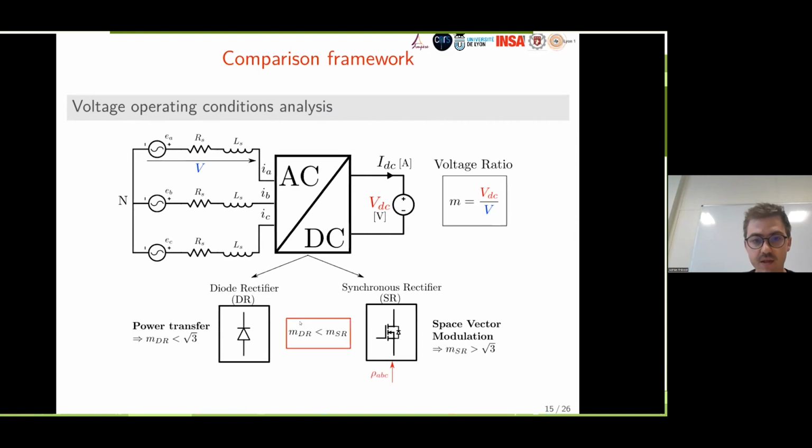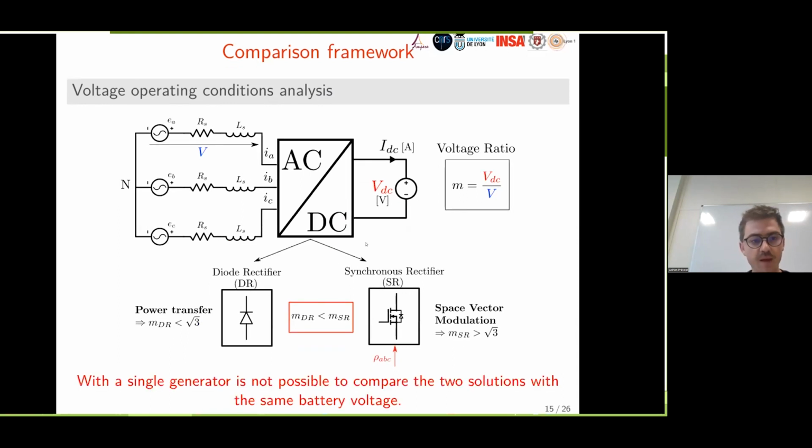This means that these two ratios are not compatible, which means that if we want to use the same generator with the same operating points and the same DC voltage, it is not possible. So as in our framework we use the same generator, we are constrained to use a different DC voltage to test both strategies. This is the remark here: with a single generator, it's not possible to compare the two solutions with the same battery.